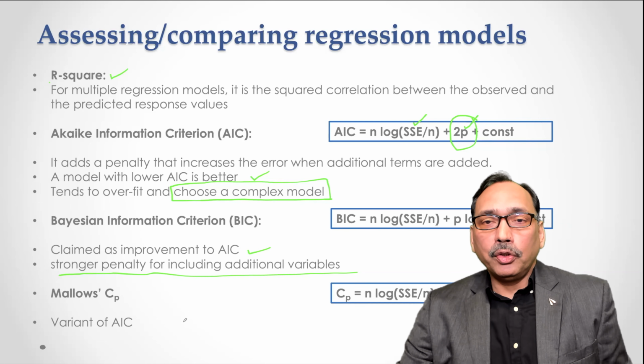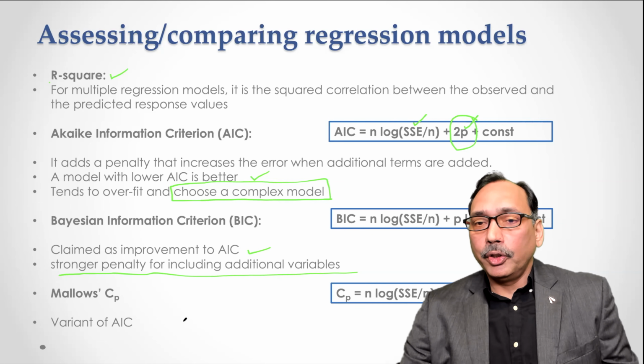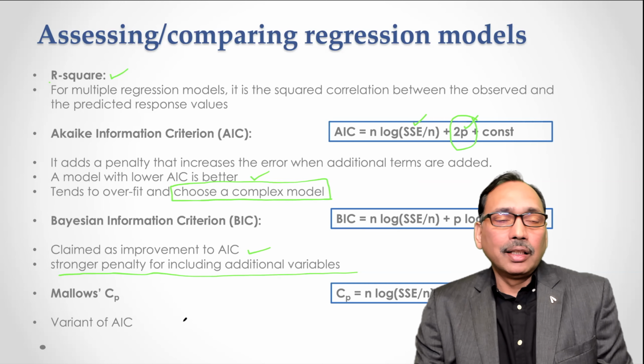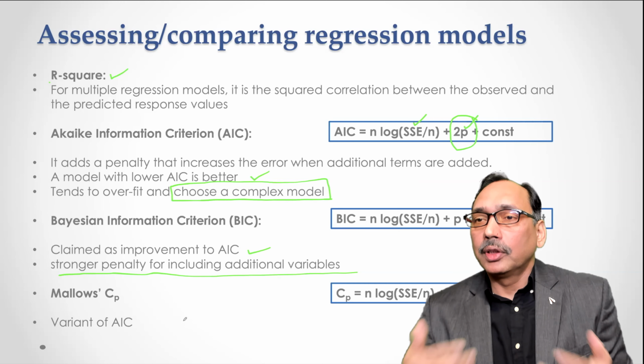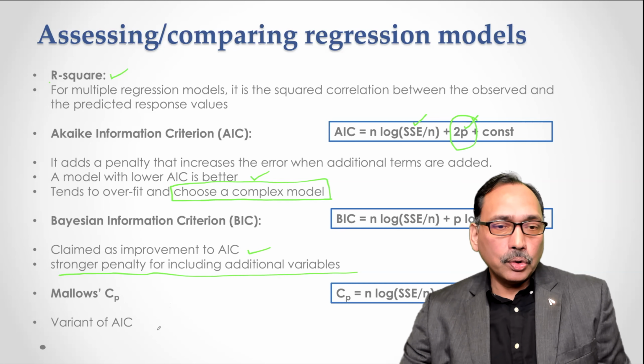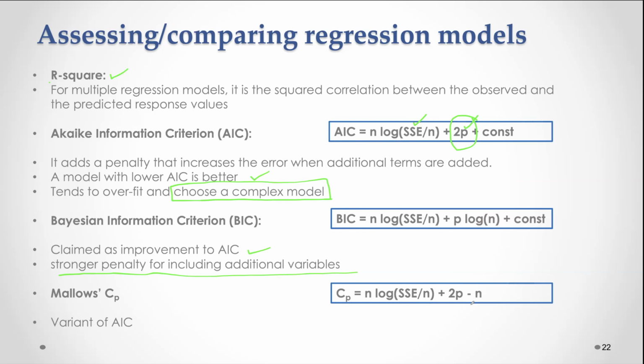And especially when you are running these models on a computer using a program like R, all these metrics are thrown out and let you choose whatever you like to use. And this is the formula. So instead of constant, you have TP minus n, your sample size.